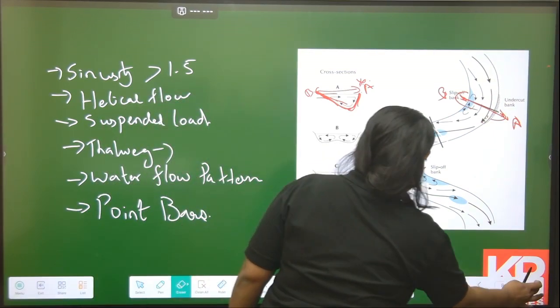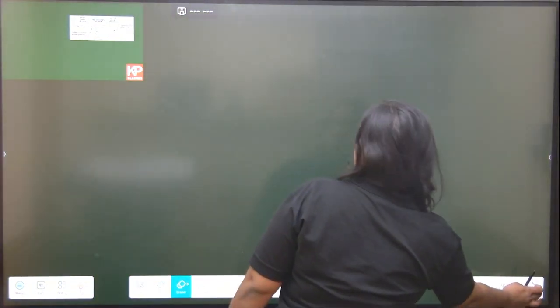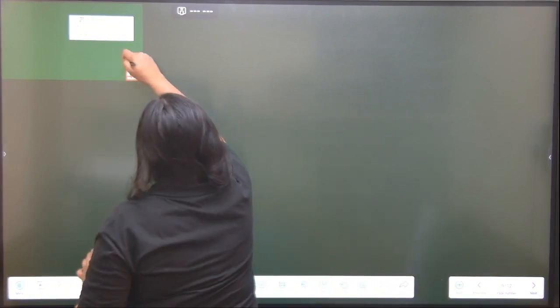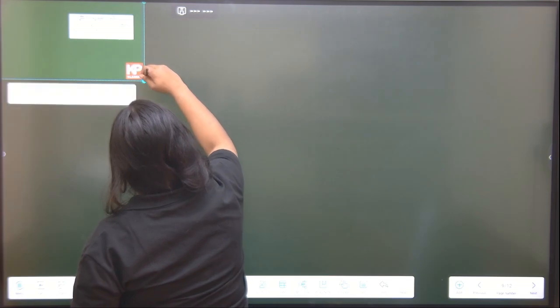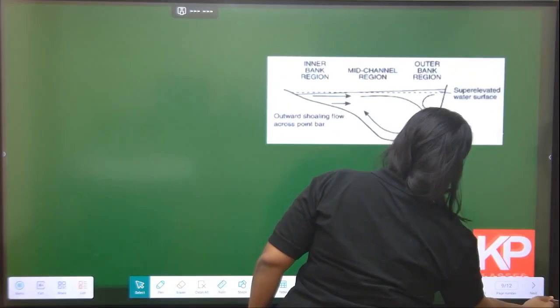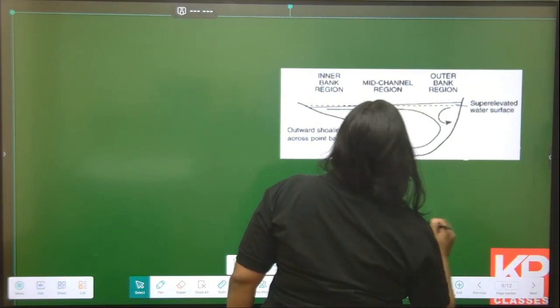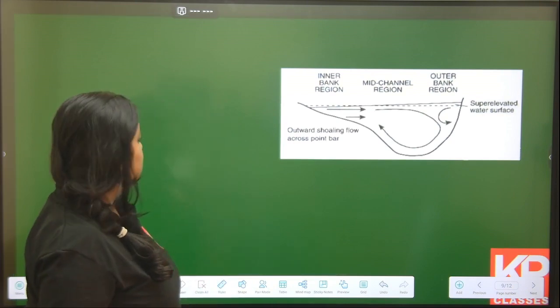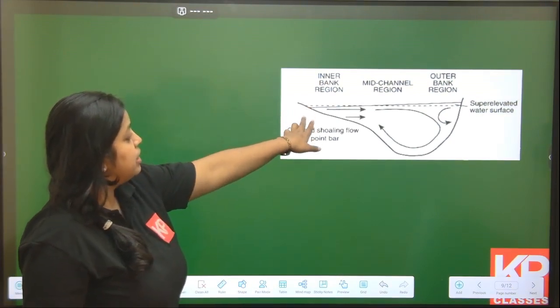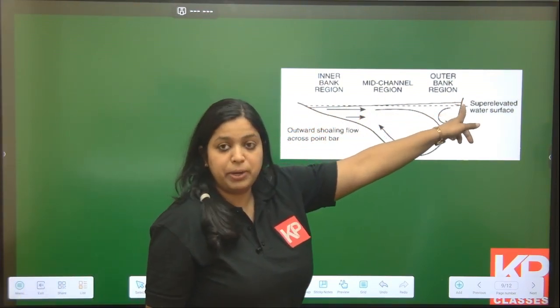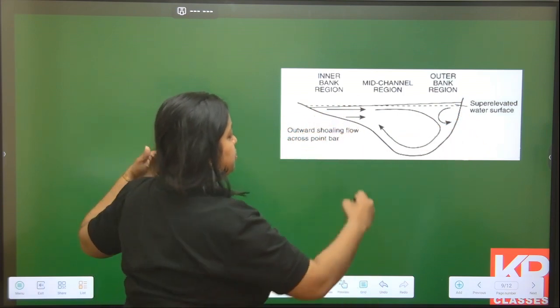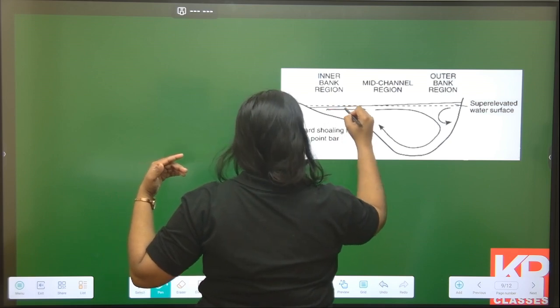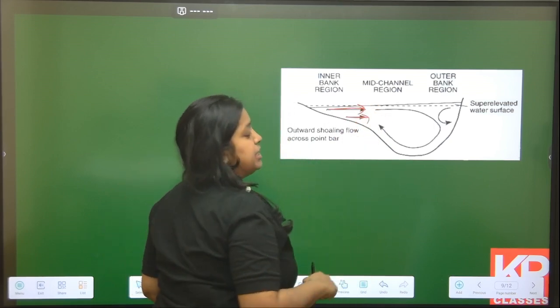Okay, now in this picture over here, it is explained very well. So look at this picture. The inner bank region is over here. This is the outer bank region. The flow mentioned over here is because of the centrifugal pull.